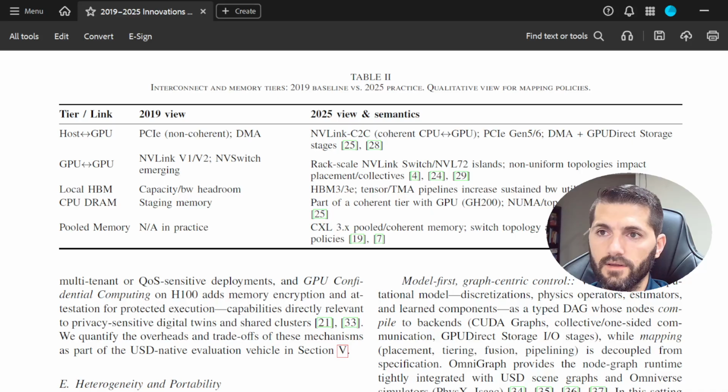The heterogeneity and portability, the carrier's cells call for stronger CPU-GPU integration, has been showing up in coherent superchips. The Grace Hopper via the NVLinks, the rack-scale NVLink fabrics.